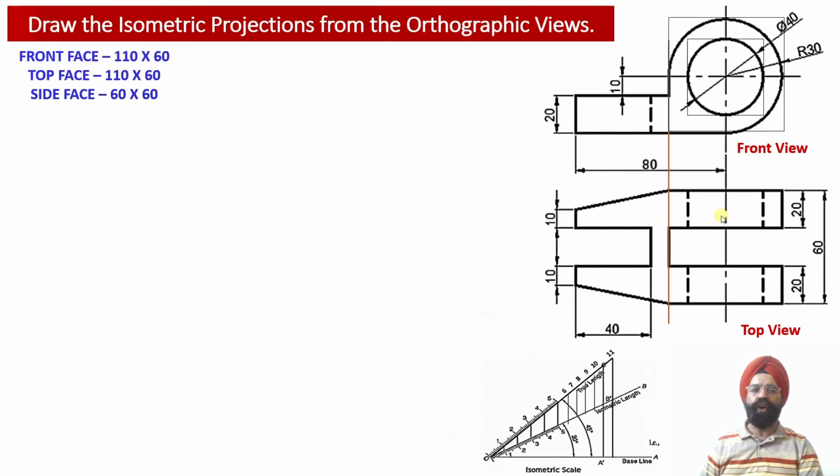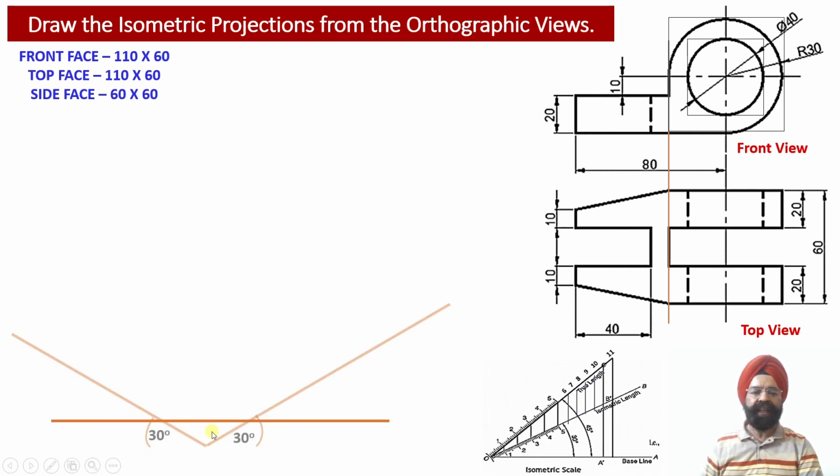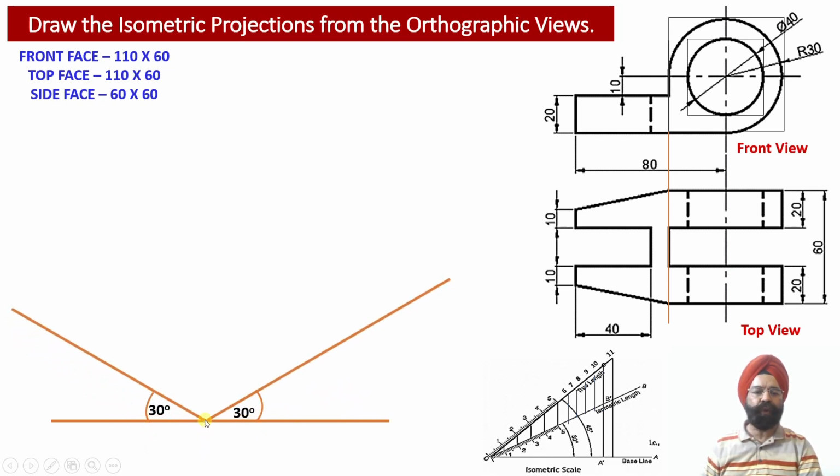So now, in order to obtain the isometric projections, first of all, we need to convert all the true length dimensions into the isometric length projections over here. Here we have drawn the baseline or the datum line, and we have to obtain a center point over here.